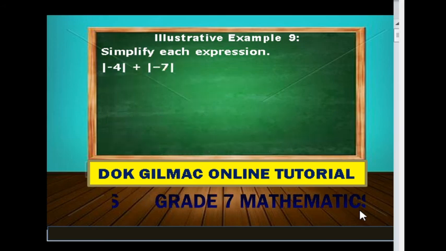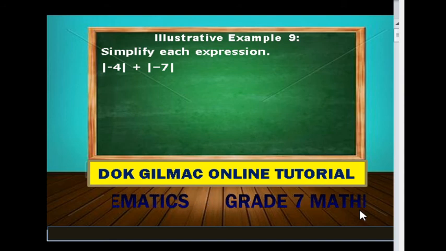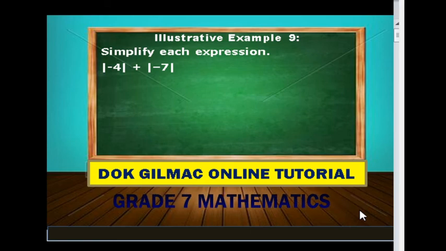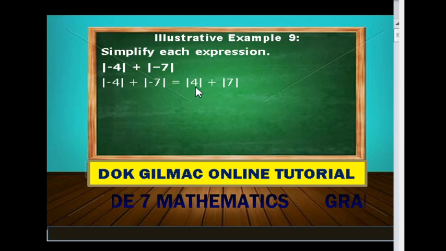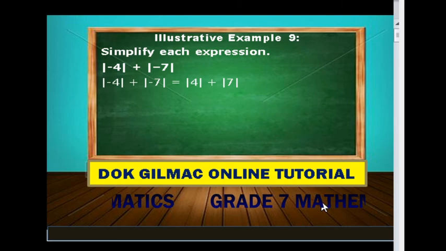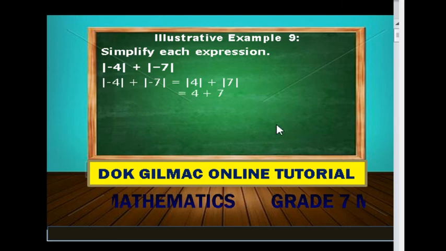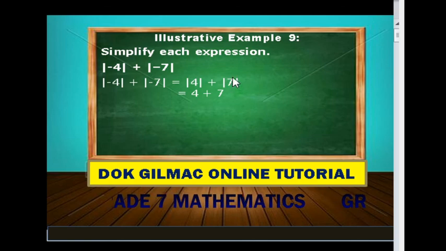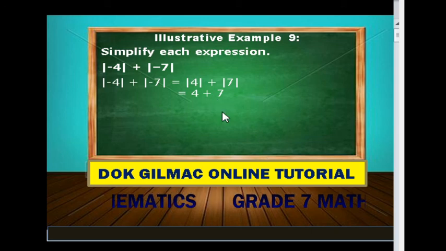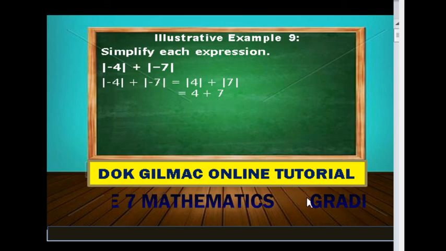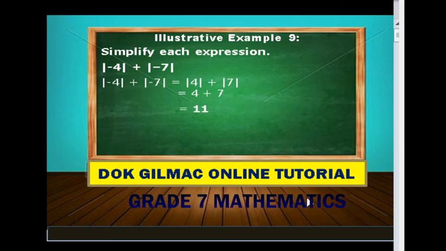Simplify each expression. Absolute value of negative 4 plus absolute value of negative 7. Again, perform the operation by simply getting first the absolute value of negative 4 and negative 7. Since the absolute value of negative 4 is 4 and the absolute value of negative 7 is 7, we have 4 plus 7, which is equal to 11.